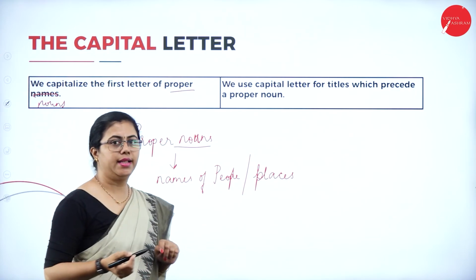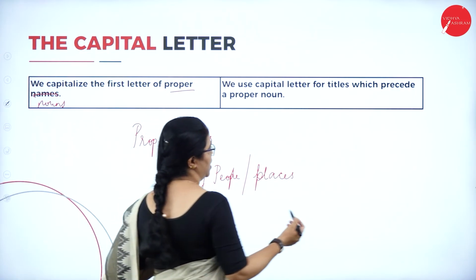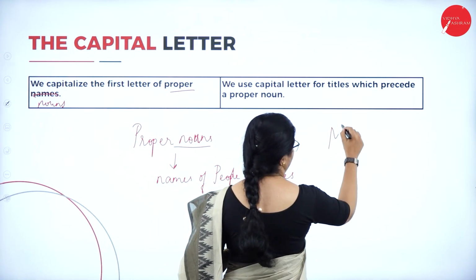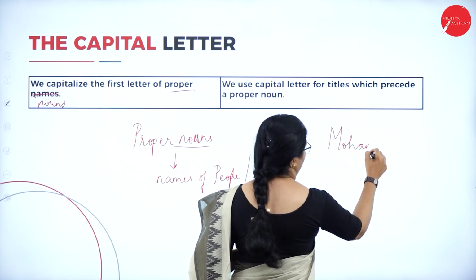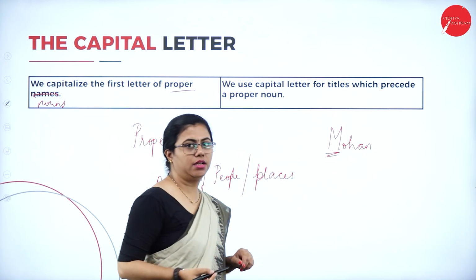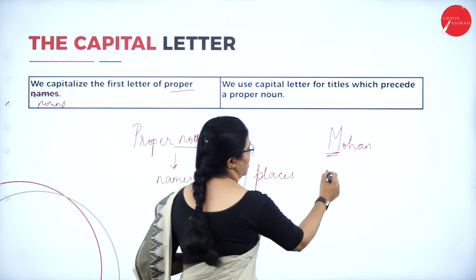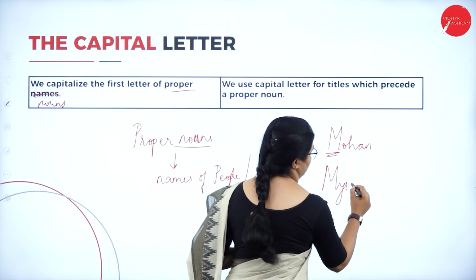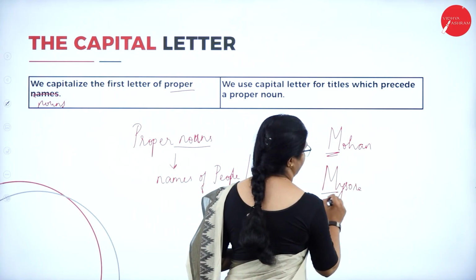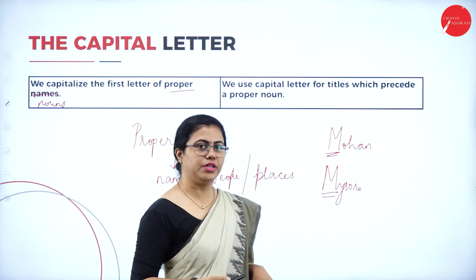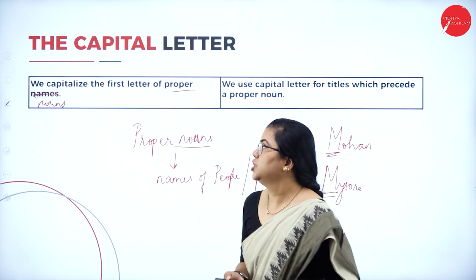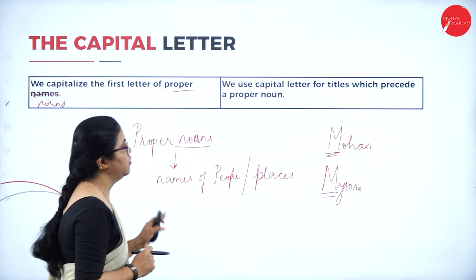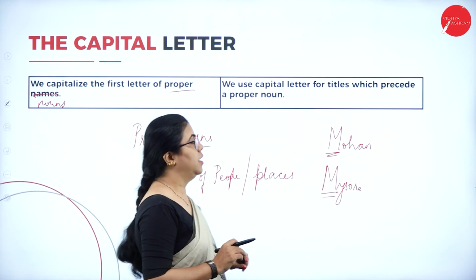Names of people and places. For example, you can take Mohan. You capitalize the first letter. Suppose you're talking about some place, here also you're capitalizing the first letter of the proper noun. So we use a capital letter for the first letter of the proper noun.